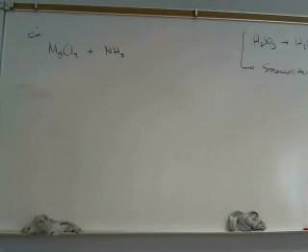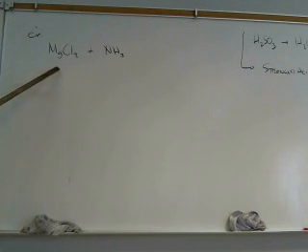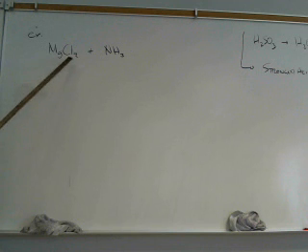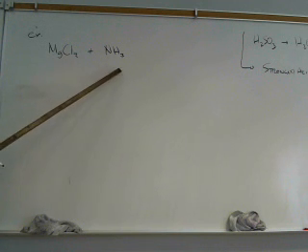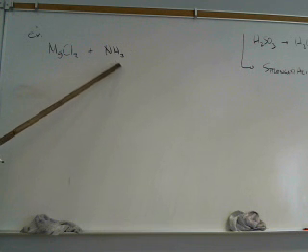Does this look like a single replacement reaction? No, because a single replacement would be a compound plus an element. Does this look like a double replacement? Not really, because double replacement is an ionic compound plus an ionic compound. So it would be AB plus CD.